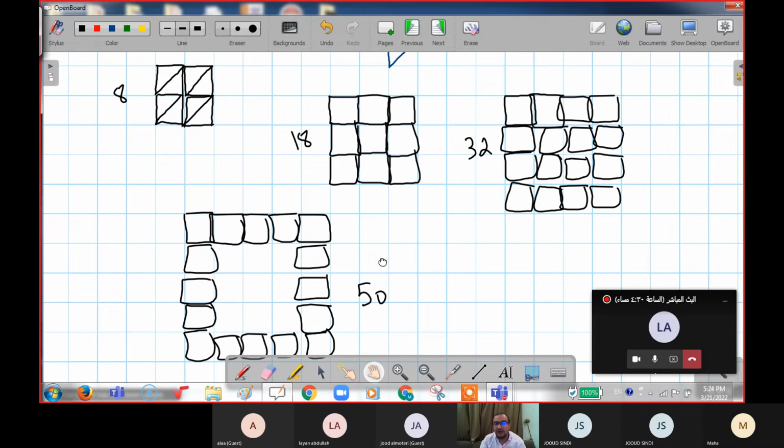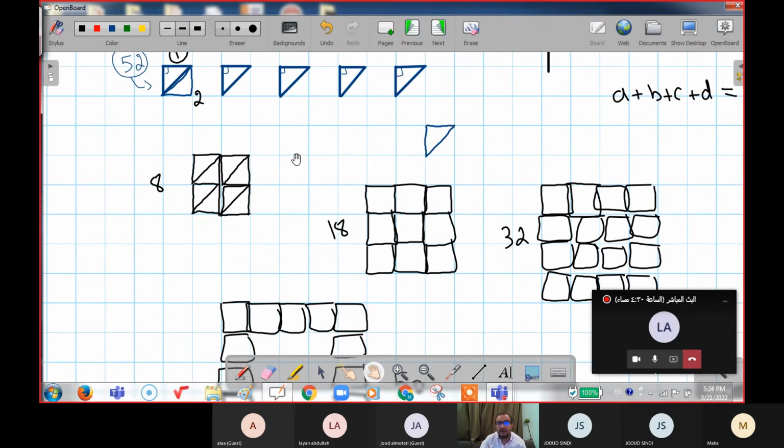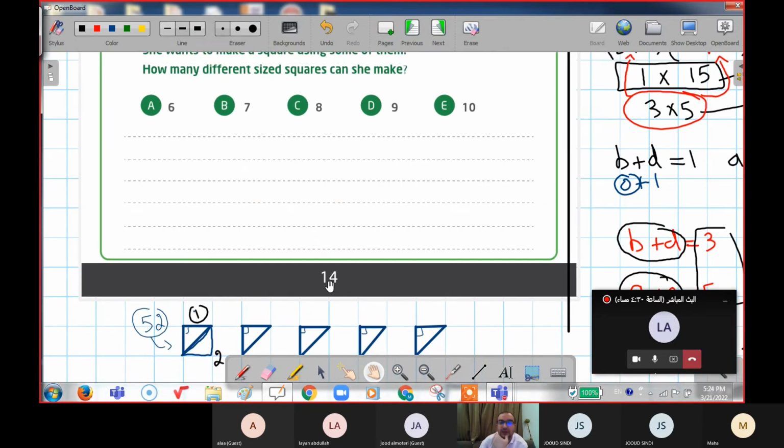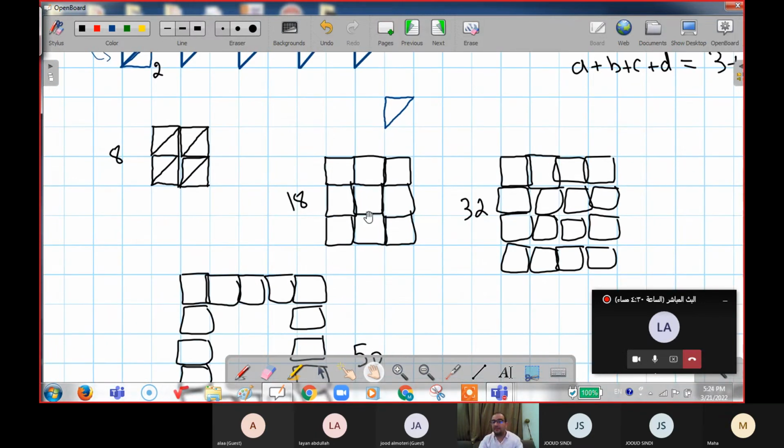So how many sides do we have until now? 1, 2, 3, 4, 5 sides. Okay. If you look at the question, you don't have 5. You have 6, 7, 8, 9, and 10. So something is wrong here. Oh no, nothing.